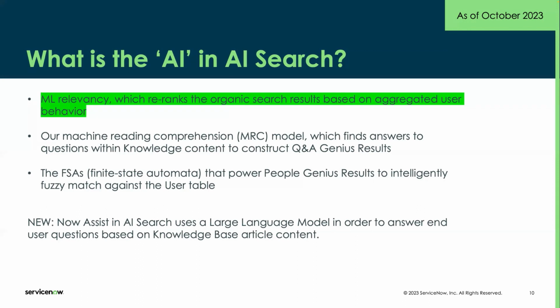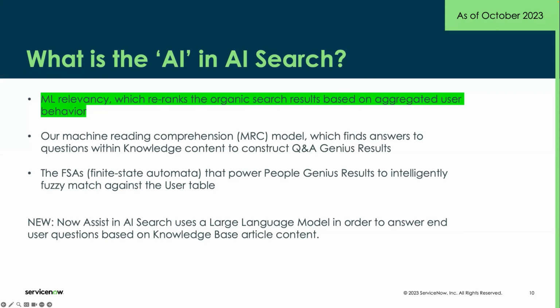The other areas where we use AI, I'm not going to touch on, with the exception of the new and improved Now Assistant AI search, which uses large language models to ask questions based on the content available in the knowledge base and knowledge base articles. But when we talk about aggregated user behavior, what is that?